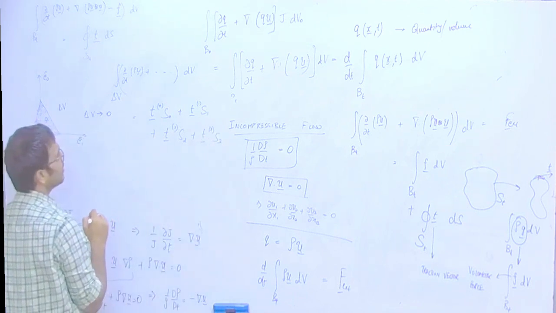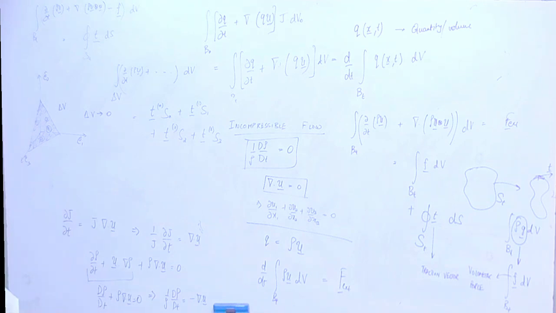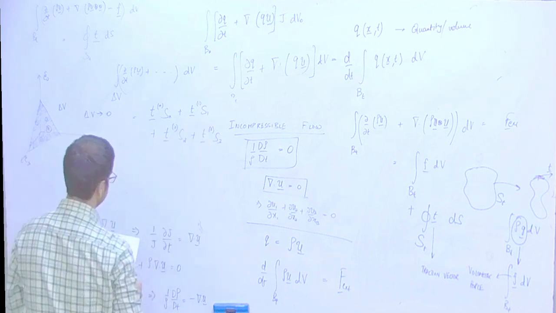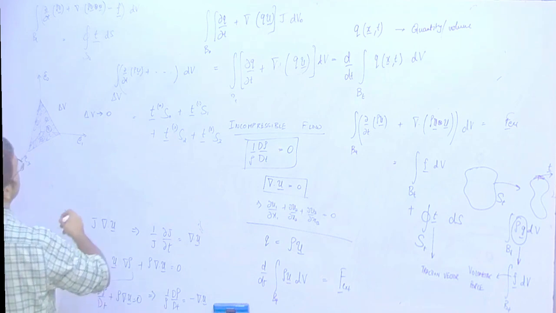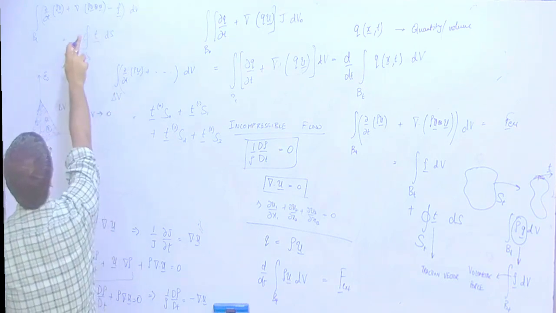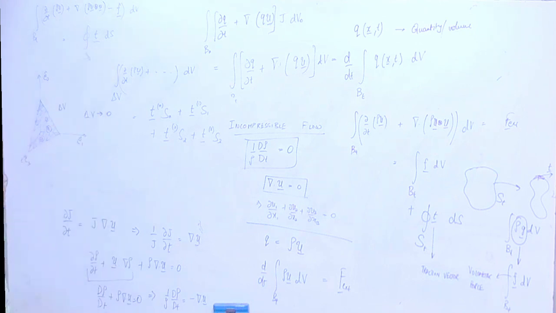What I have done here is assume that this tetrahedral fluid element is so small that I can ignore any variation of the traction vector over the surface. I can just use the value at some location on the surface and multiply it by the surface area. This is what we get for the momentum equation applied to our tetrahedral volume.